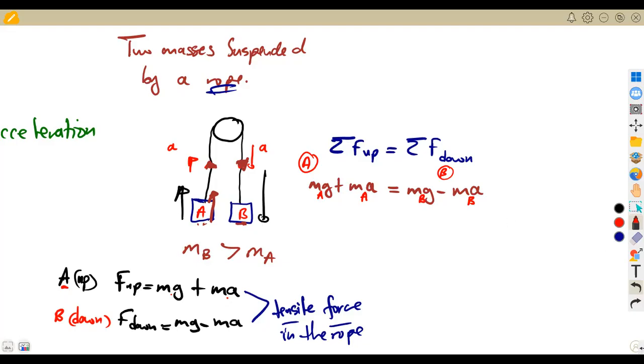So at the end, this formula can be used. They can play around with this formula. They can ask you to calculate the mass of B, or the acceleration that is occurring. This acceleration is the same as the gravitational acceleration here.